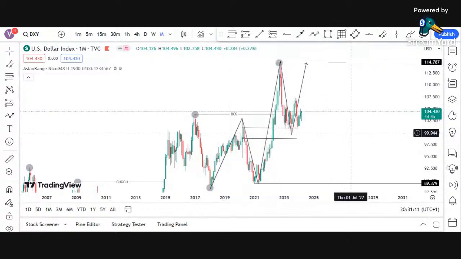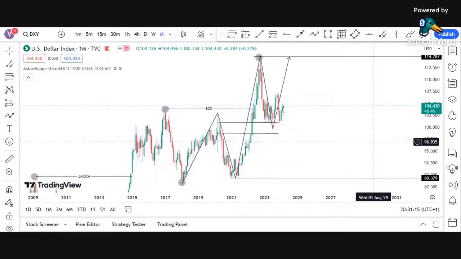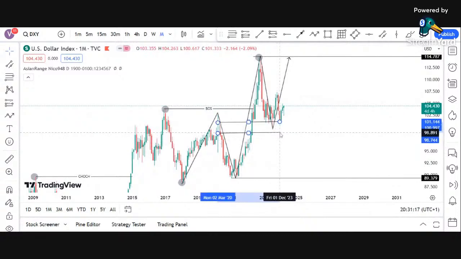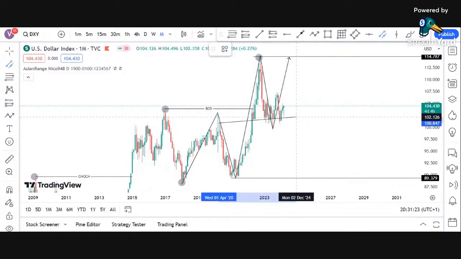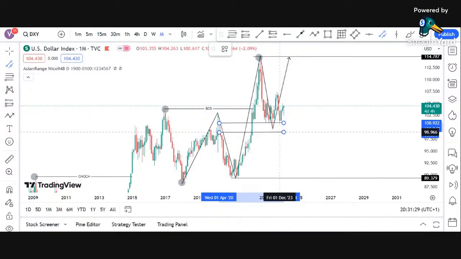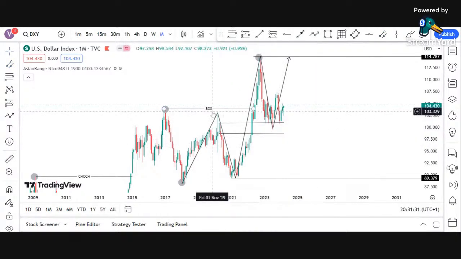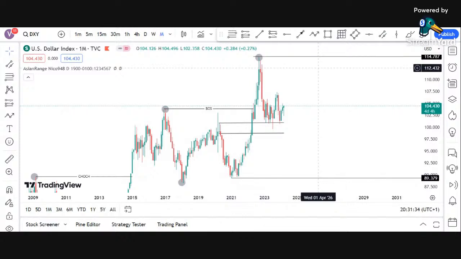Hope you guys can hear me. I'll just draw it again so that it will be clearer, and I'll remove this market structural line, right? But what I'm trying to say is that is the mitigation block. That is on the monthly time frame.